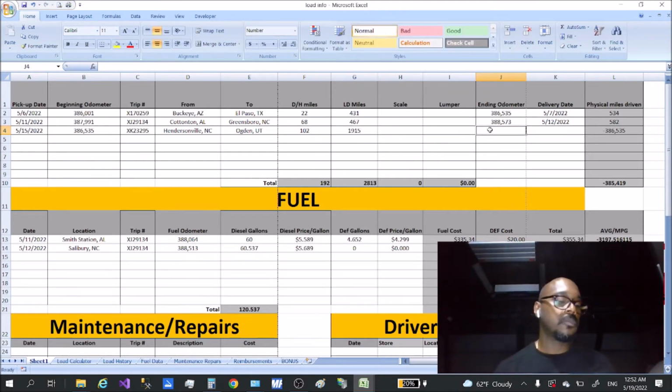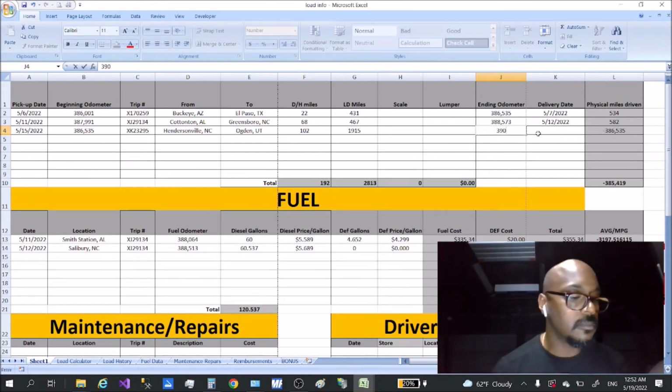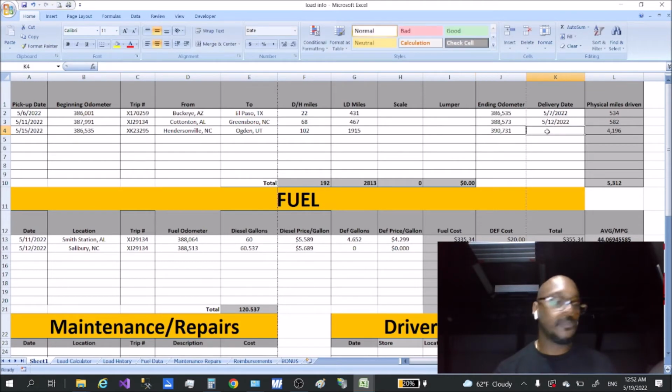My ending odometer is 390731. And I delivered this one on the 18th. So this was the last load for the week.